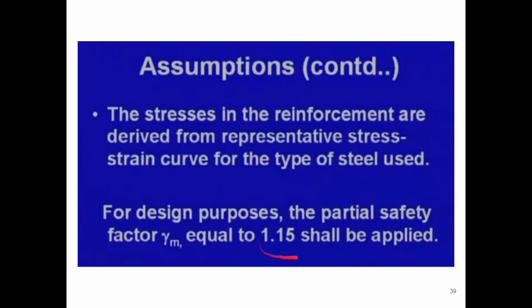So this value is a partial value of 1.8, a fraction of 1.8, which is why it is called partial safety factor. We are very confident in our structure, so we have taken a partial value of the factor of safety. That is taken as 1.15 for steel, and for concrete it is taken as 1.5.